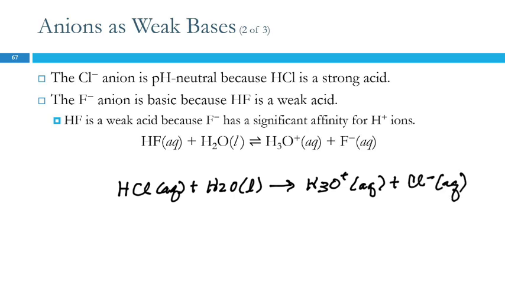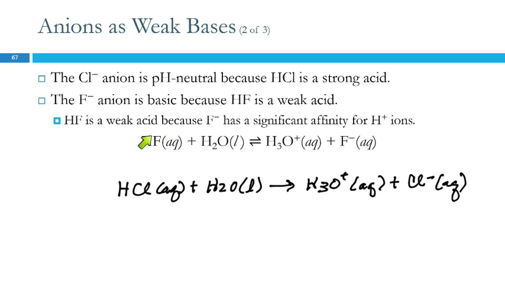Strong acid ionizes completely. Is this chloride ion going to pick up a hydrogen ion and reform this? Is there an arrow going back? No, it's not going to do that. So the conjugate base of a strong acid, we say, is pH neutral. It's not going to act as an acid. It's not going to act as a base.